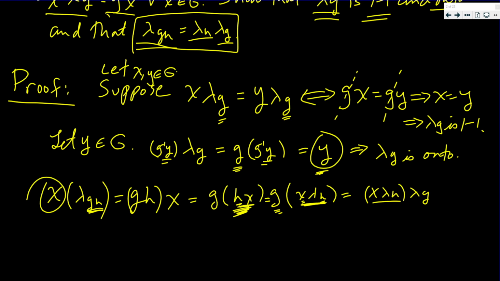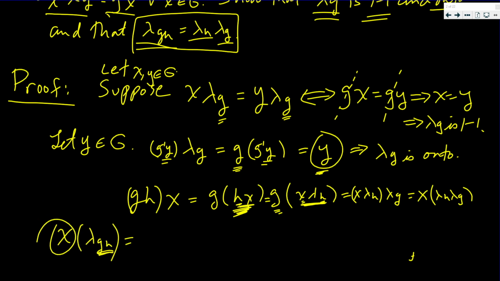So this becomes x lambda h lambda g, but this is x composed with lambda h lambda g.